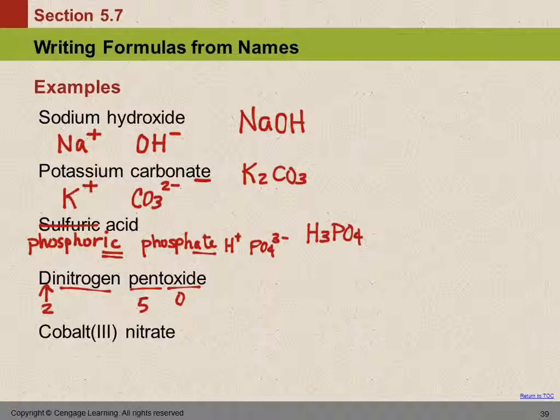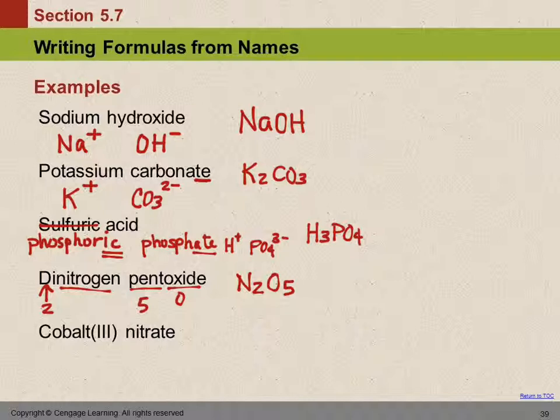So dinitrogen is N2 and 5 oxygens, O5, N2O5. I don't do as many examples of those because students usually catch on to that pretty quickly. It's the acids and the ionic compounds that are tricky.